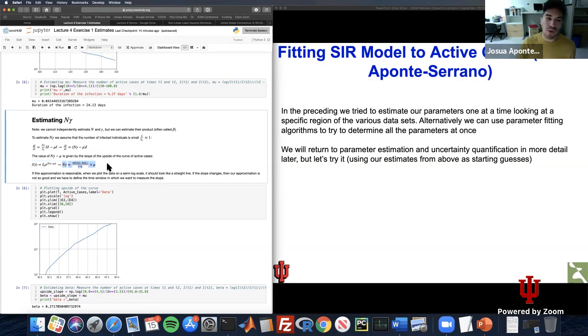And this is why James was explaining before that you need the downside of the curve to be able to determine the infectivity, because when you solve for it, it includes mu in it.